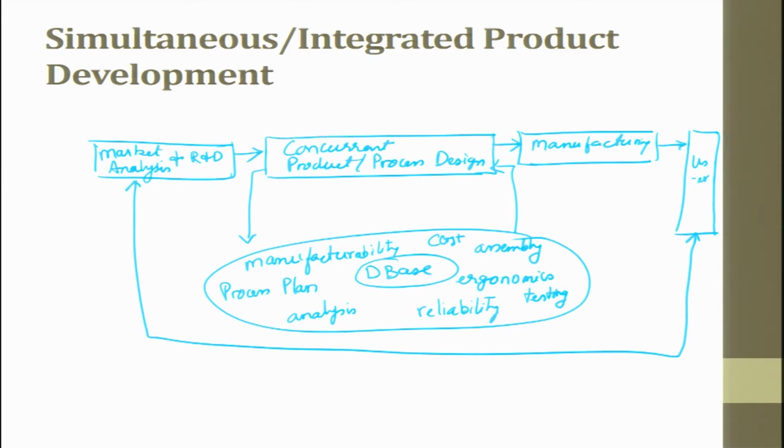So, this is more of a concurrent engineering approach rather than a sequential approach. It is called a simultaneous / integrated product development model as against the sequential model. So, this model moves faster towards reducing the product life cycle time.